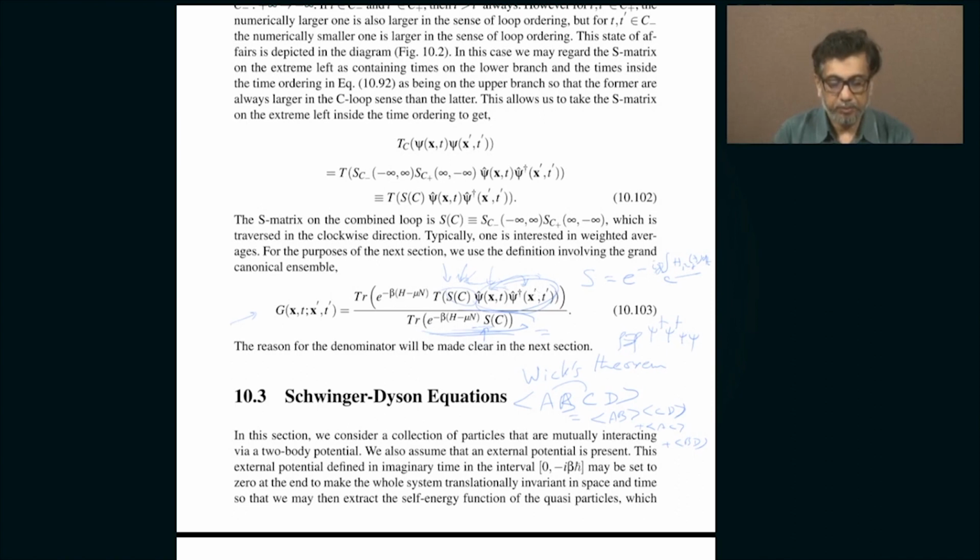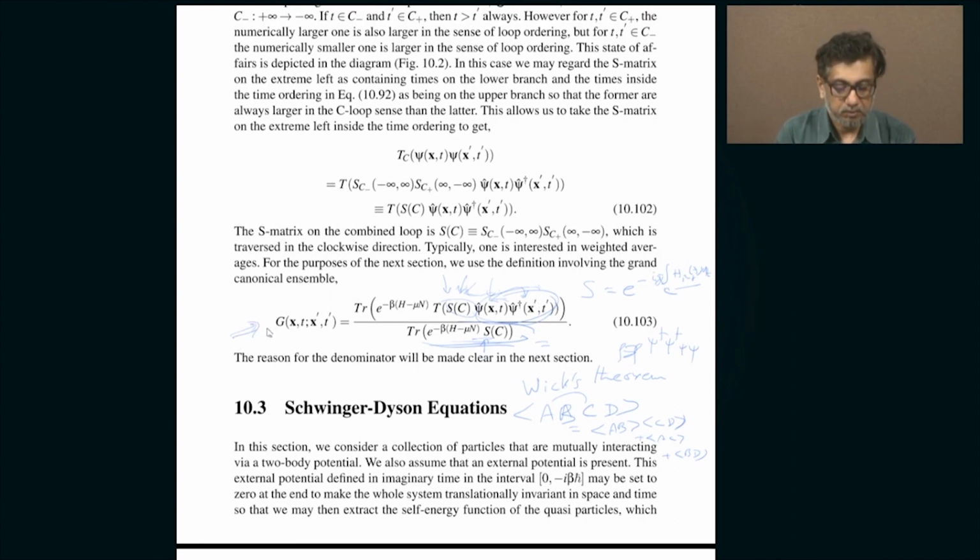Okay, so the whole point is that one goal has been achieved, namely that this way of defining the Green's function through this contour ordering in this grand canonical ensemble picture ensures that the perturbation series is done in a clean, economical way, namely that you only expand one of the S matrices in the numerator perturbatively, and then you use Wick's theorem and pair up all the terms.